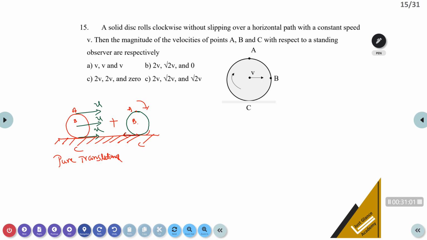This will be omega into R from rotational motion, which is nothing but V. At this point also it is rotating, and this is also V. But what about this point? It is rotating like this, so it is V, and this is V.